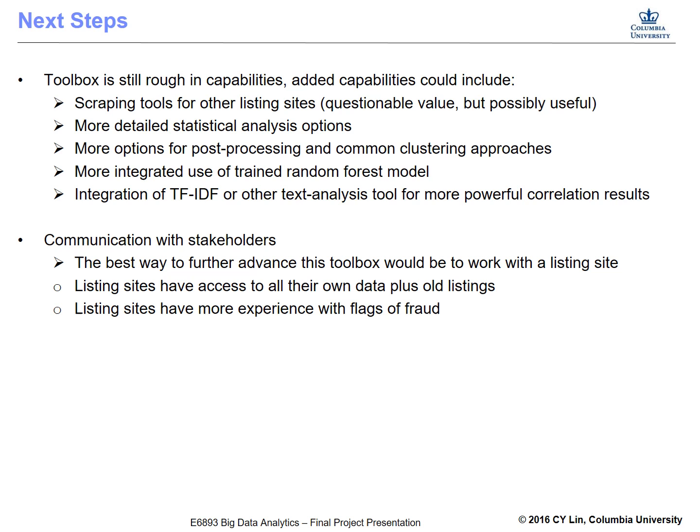So some next steps that could possibly be used to add on to this. This toolbox is still a little rough in its capabilities. It only has 3 of the machine learning methods. It would be nice to put other statistical analysis options in there, more post-processing and some other analysis tools. The one thing I really wish I had had time to integrate into this is textual analysis or some sort of implementation of TF-IDF.